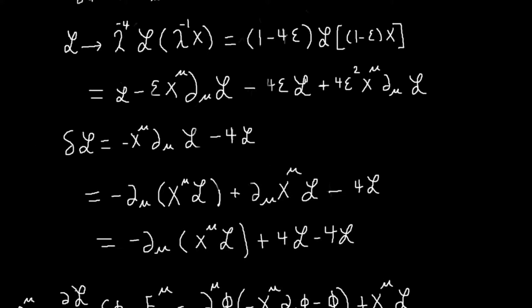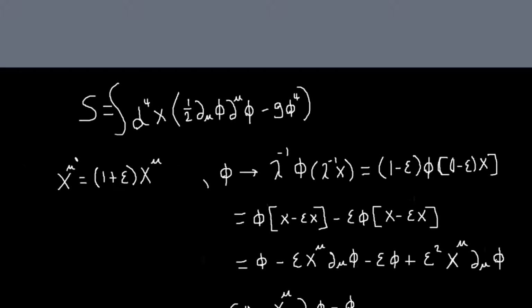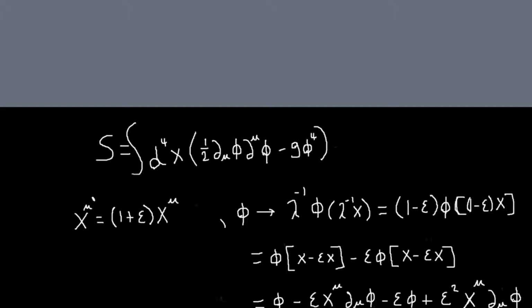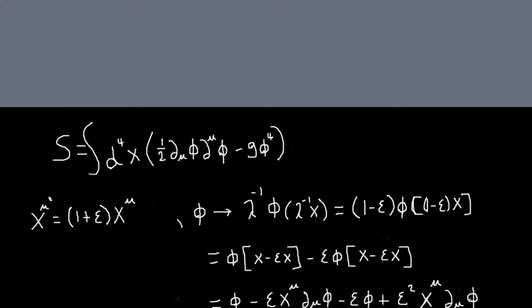So how do we do that? We need to write our transformations infinitesimally in order to find our conserved current.